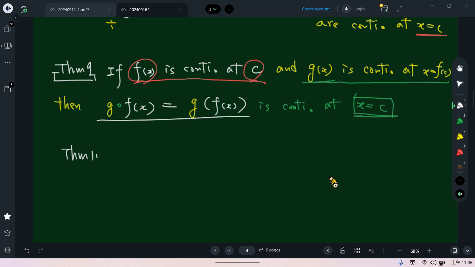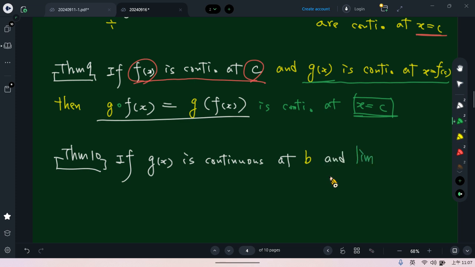And the third one, the last one: if g of x is continuous at b, and when the limit as x approaches c of f of x is equal to b, so the result is also very important.